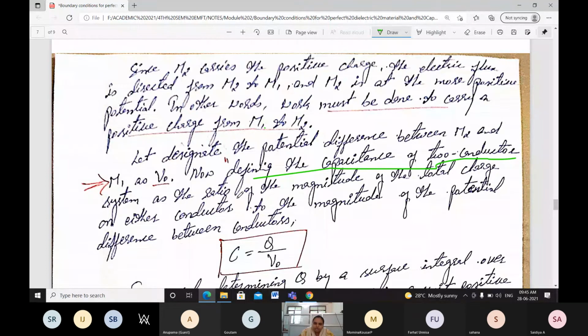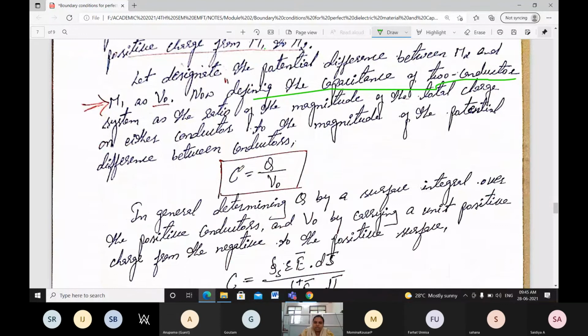Observe here, the ratio of the magnitude of the total charge on either conductor to the magnitude of the potential difference between the conductors. Therefore, the equation is going to be capacitance is charge to the potential, that is V0.